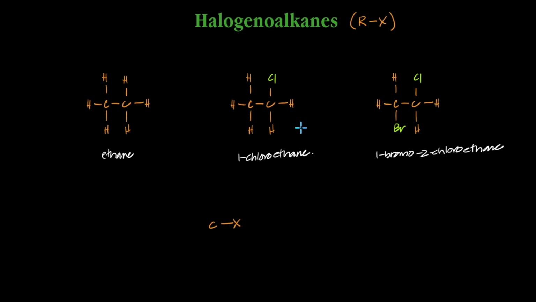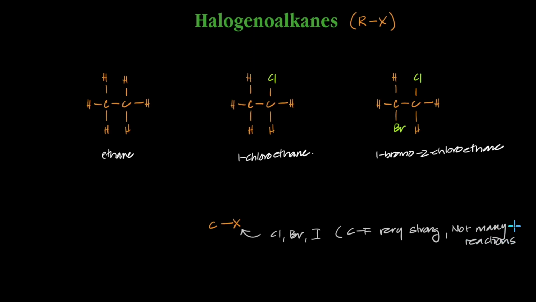And what is X? X tends to be chlorine, bromine, and iodine. Now, it can technically also be fluorine, but C-F is very strong, and it does exist, but they don't have many reactions.